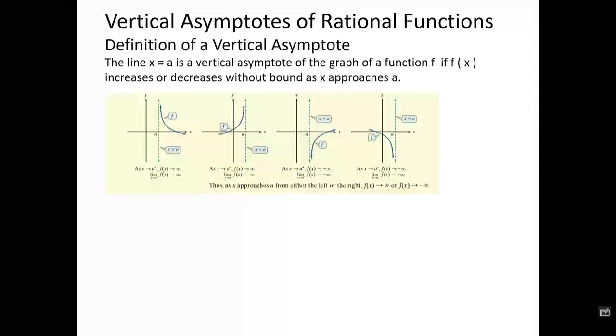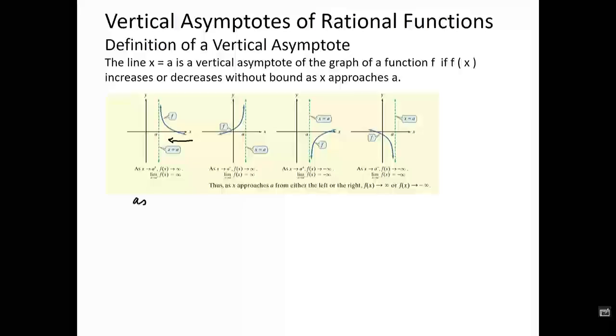So, in the first graph, if we notice what happens to the function as x approaches a from the right.